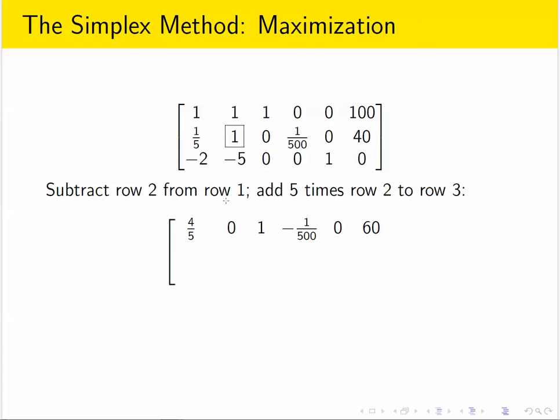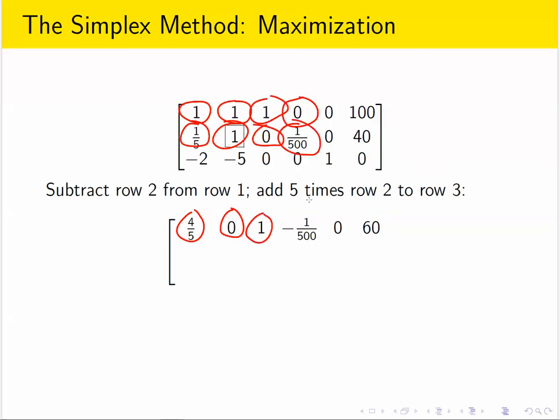So going through it very carefully, if I subtract the pivot row from the first row, I have 1 minus 1/5 gives me this 4/5. 1 minus 1 gives me 0. 1 minus 0 gives me 1. 0 minus 1 over 500 gives me negative 1 over 500. 0 minus 0 gives me 0.